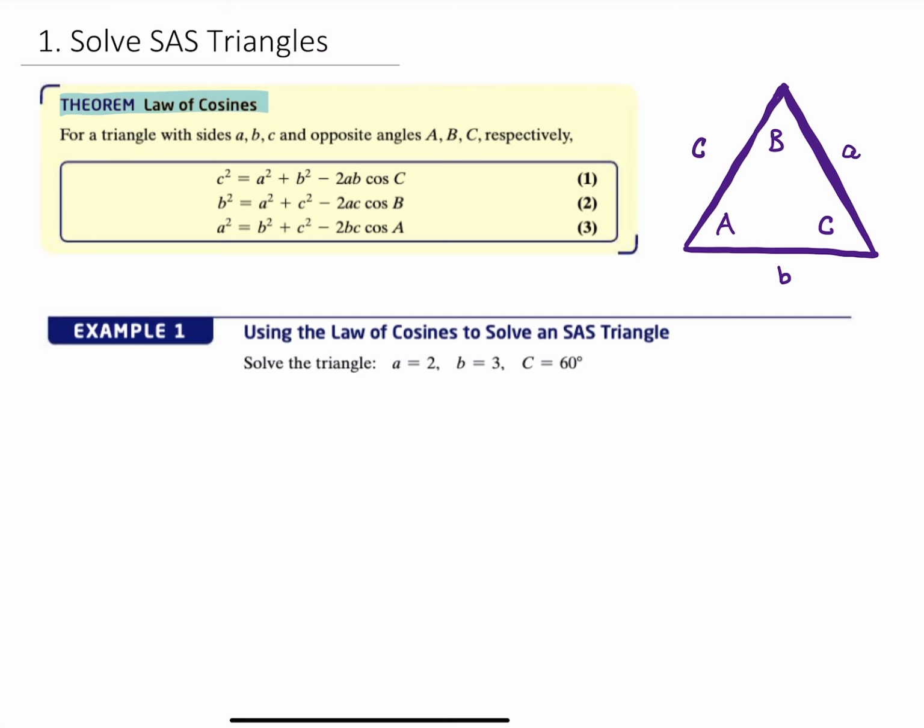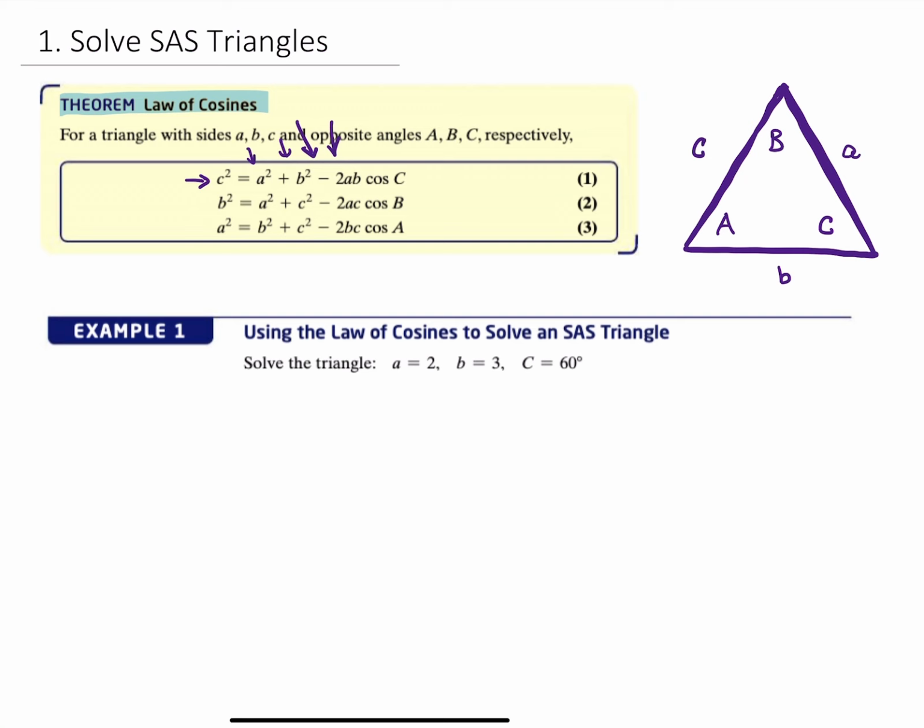And you can see a general pattern. If it starts with c squared, we have the two remaining side lengths, a squared plus b squared. So that kind of looks like the Pythagorean theorem. Then there's always a subtraction. There's always this 2. So 2ab, in this case, it's these two side lengths that show up again in the formula.